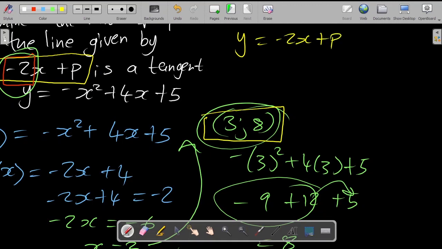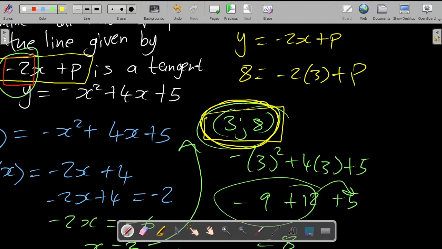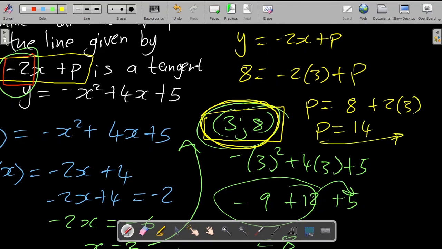So we can now substitute this point, which is on the line, because the point where the tangent actually touches our graph is on the line, obviously, because it touches at that point. So we can now substitute this point into this equation to find our p, which should be our answer. And doing so, you get your p as 14, right?